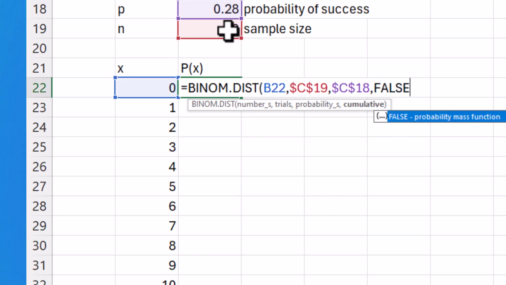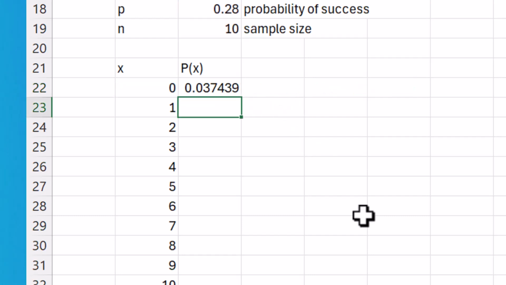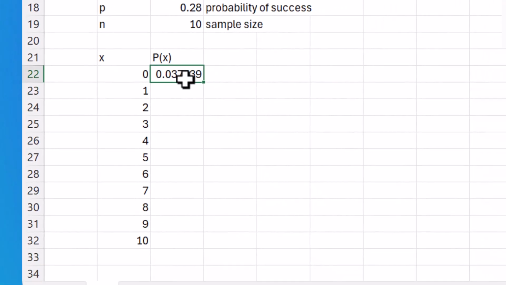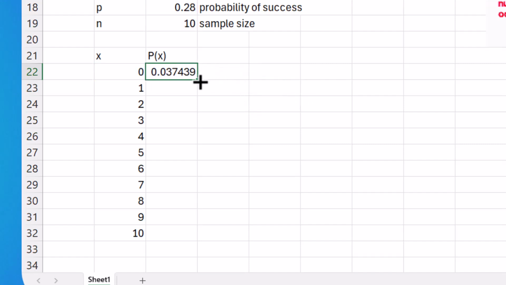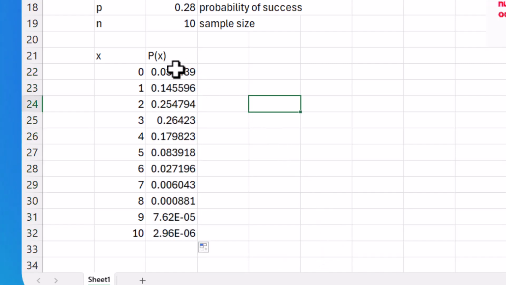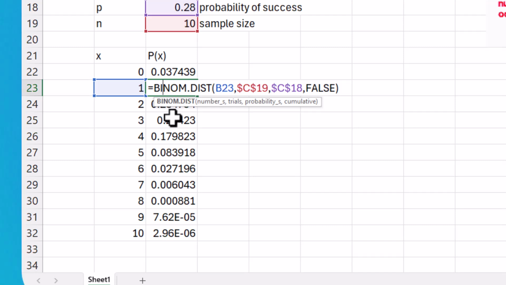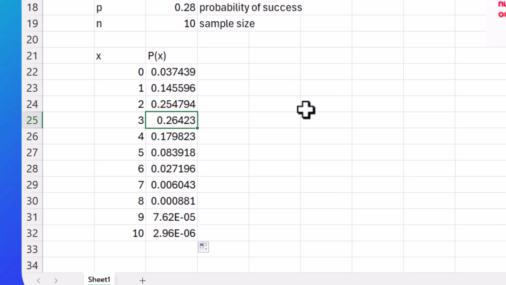And then once again, I type false. So this formula will give me the probability, based off of this distribution, that nobody used a credit card. Because I absolute referenced, that's what these dollar signs mean, I can copy this formula. Check this out. Isn't that so nice? And it gives me the probability now of 1 person using a credit card, 2, 3, and so on.